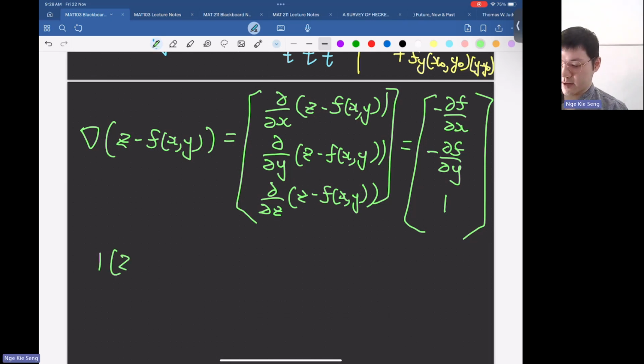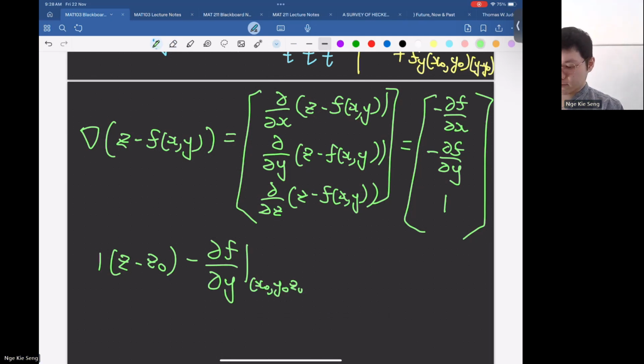1 times z minus z naught, plus, not plus, minus del f over del y at the point x naught, y naught, z naught. But in this case here, it's just x naught, y naught, right?